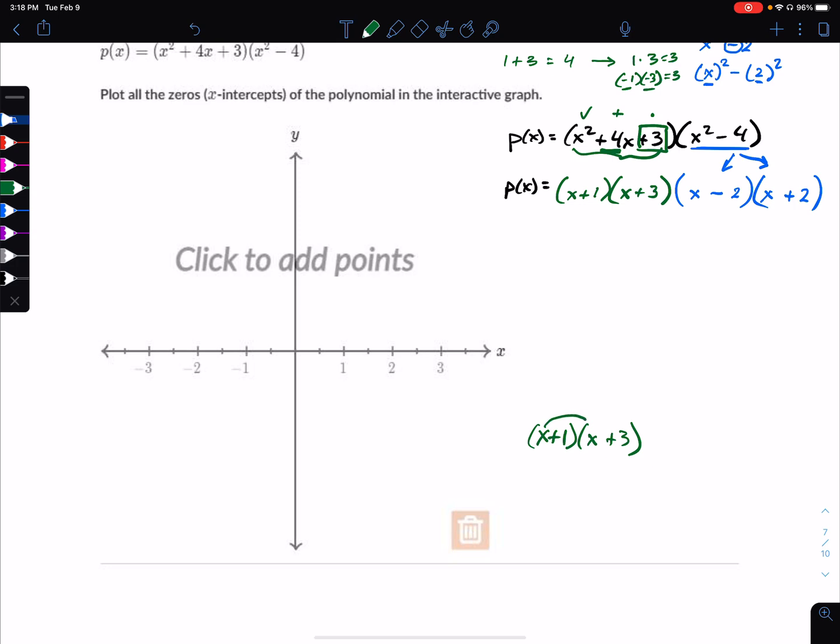If you go through the distributive process with this little factored setup, I should get exactly x squared plus 4x plus 3 out of this. So check your work by using the distributive property. There's x squared. Then, of course, we distribute to the 3. We get 3x. And then this is why we check for addition up to 4.